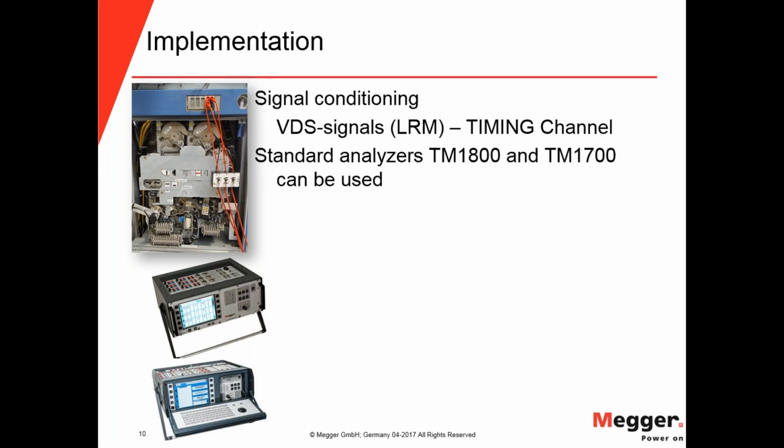And you can use the standard breaker analyzers, provided that the timing inputs are actually measuring analog signals, because what you get out from this interface is the AC voltage, of course.